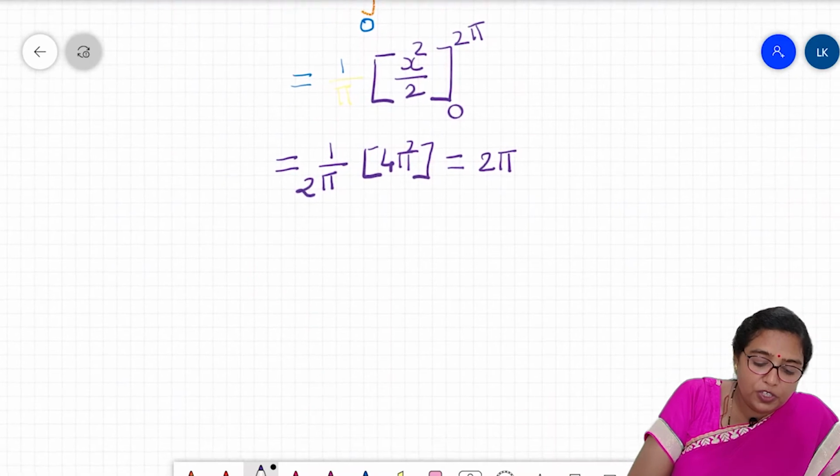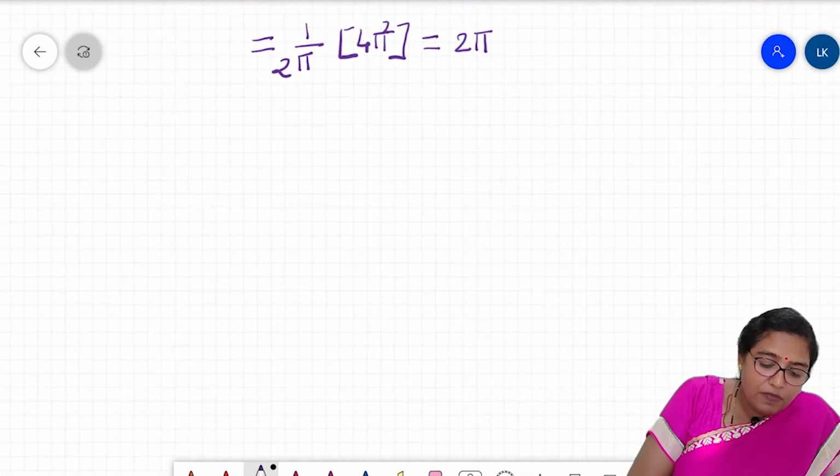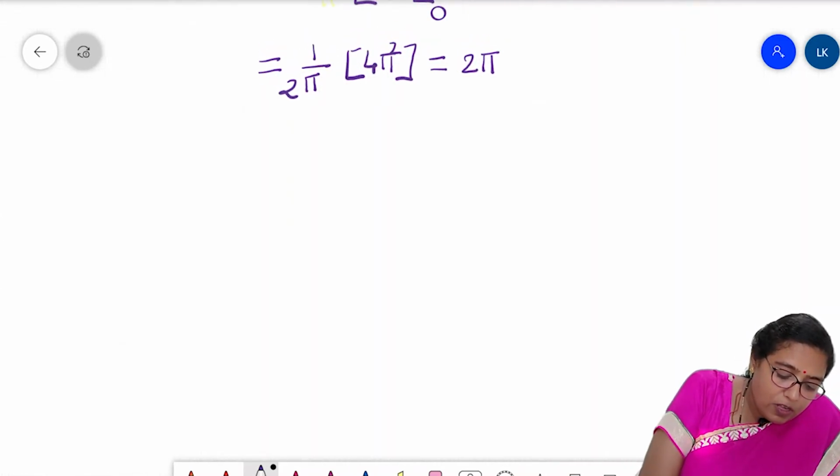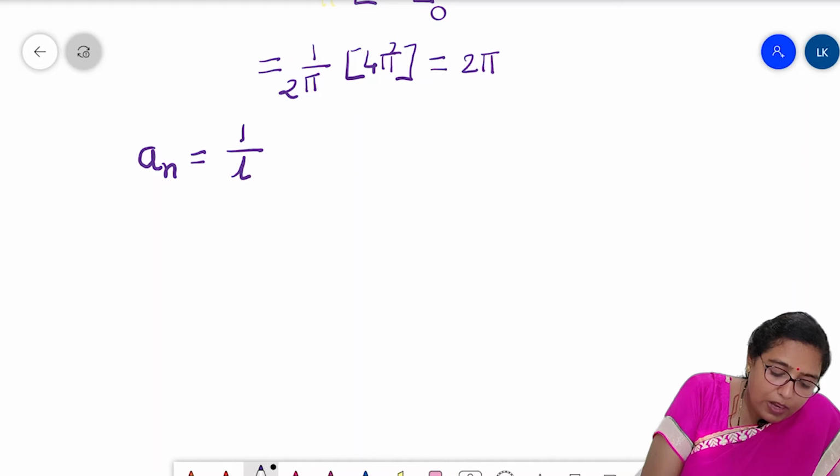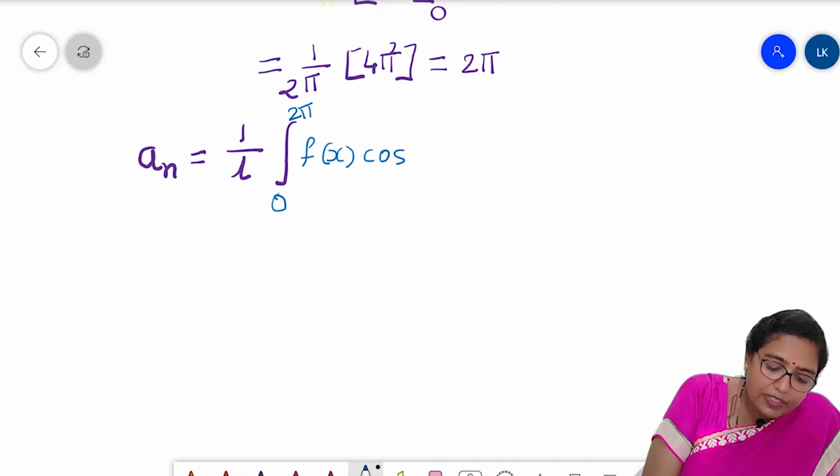Another Fourier coefficient a_n we want to find. We know the formula of a_n is equal to 1 upon l integral, our interval is 0 to 2 pi, f(x) cos nx dx.